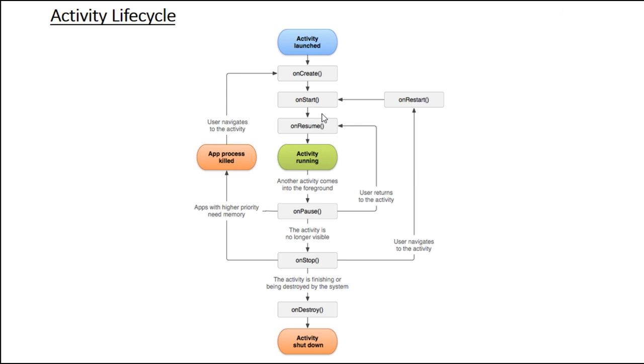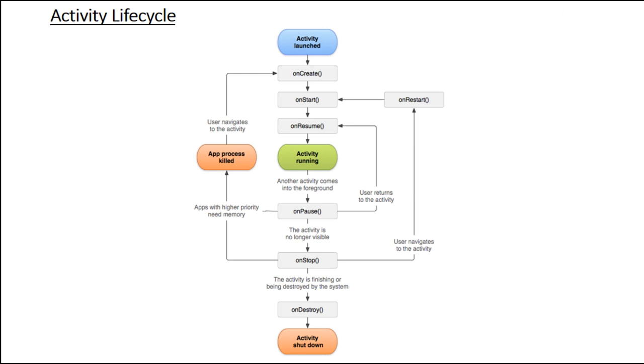When the onStart method finishes execution, the system calls the onResume method. When the onResume method finishes, your activity is in the resumed state, which means your activity is now ready to interact with the user. Your activity is in the foreground, and your activity stays in the resumed state until something interrupts it.